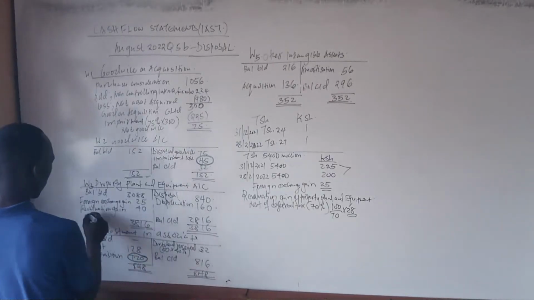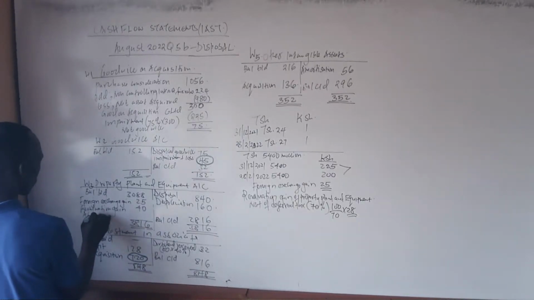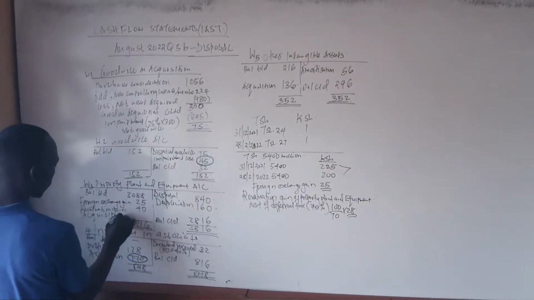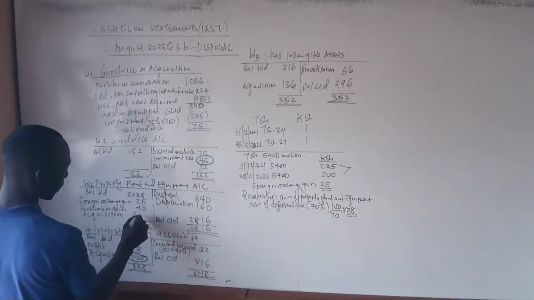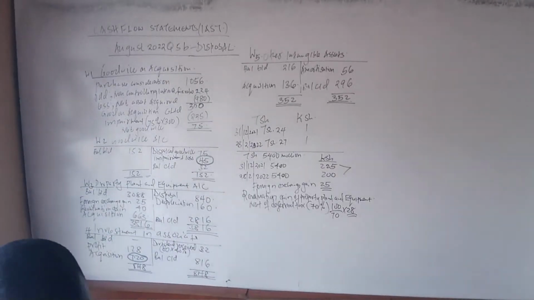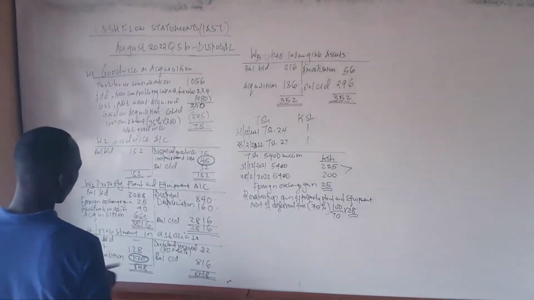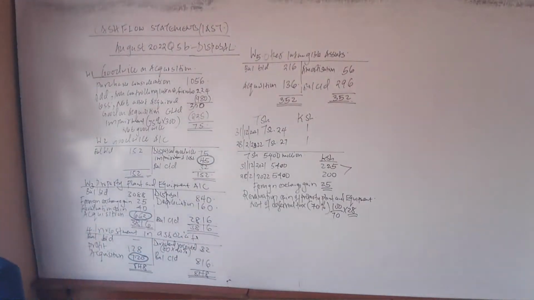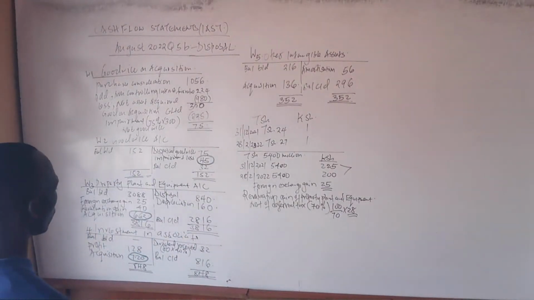Then from there, give me the acquisition. We have acquisition of 663. So remember, in this question, this is what we will need. And then from there, also we are going to need what?